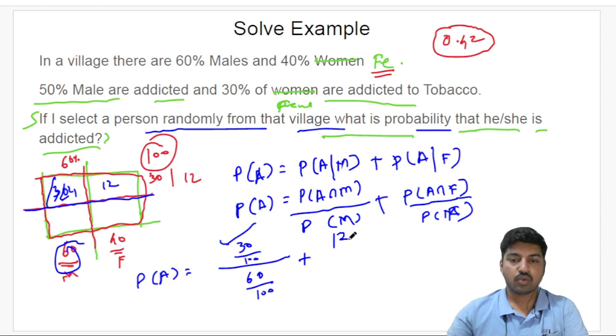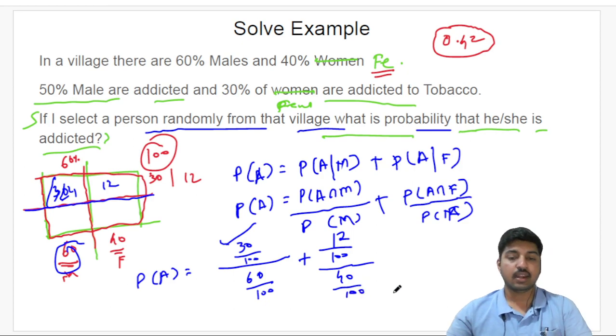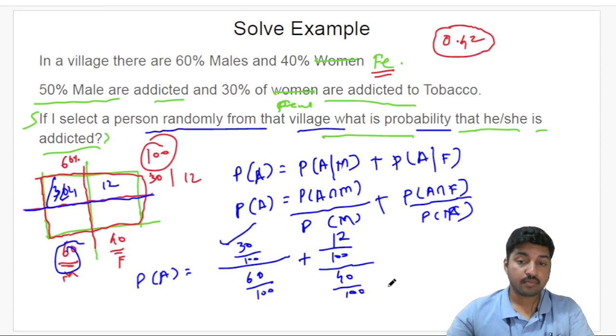Plus 12 divided by 100, upon 40 divided by 100. Right? Are you getting how these values are arrived? Just give me yes or no. Yes. So now we will simplify.